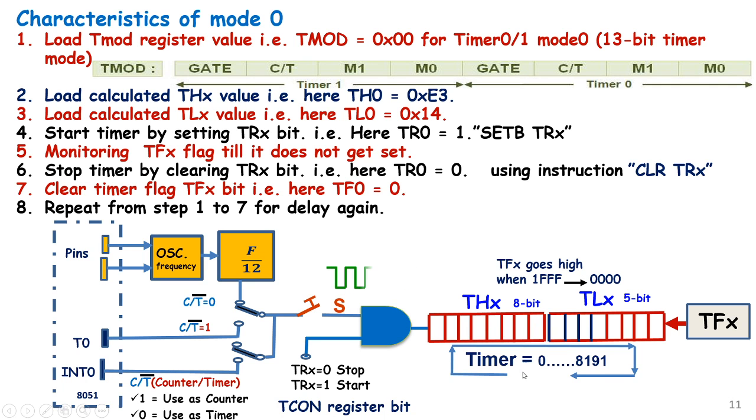This is the clock given to timer 0, and the timer goes on increasing its values up to 1FFFH, and when it reaches this value and goes to 0000H, at that time the overflow flag TFX gets set, and this is how the mode occurs.